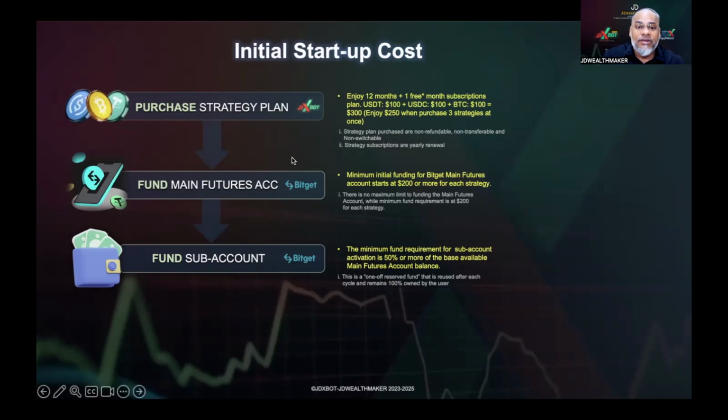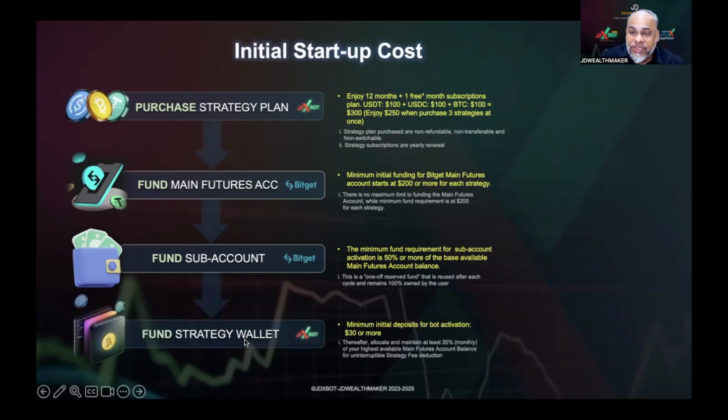Last but not least, we also have the strategy wallet. You have to fund your strategy wallet. For the initial deposit to get your bot activated, you need to make sure there is $30 or more. Thereafter, you have to monitor the profit being generated, and top up your strategy wallet for the deduction of the profit sharing. Please understand that.